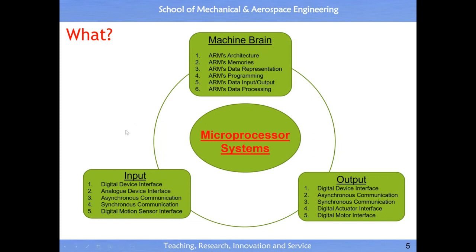Then on the bottom, you will see two modules. One is a module about the interface to input devices. A typical input device could be a sensor, either an analog sensor or a digital sensor, etc. The second module is about the interface to output devices. A typical example of an output device is an actuator.